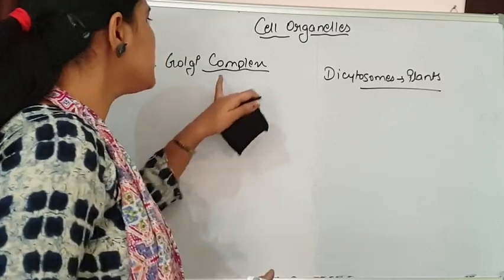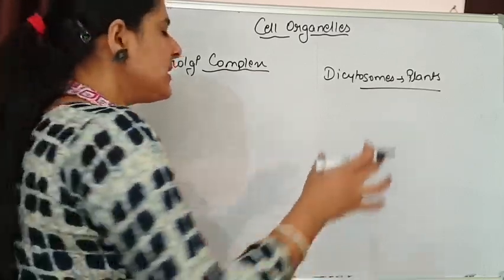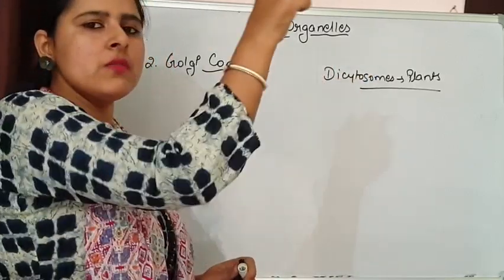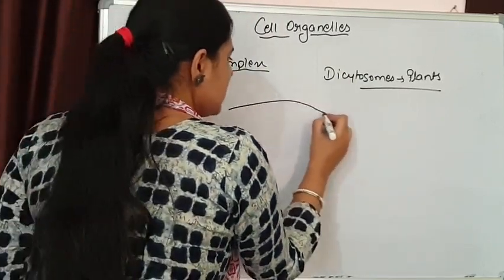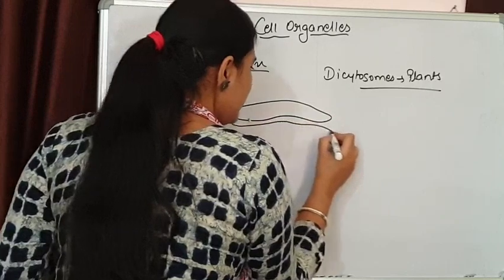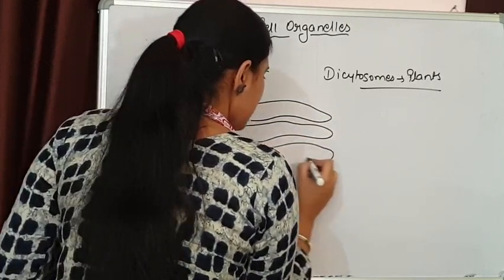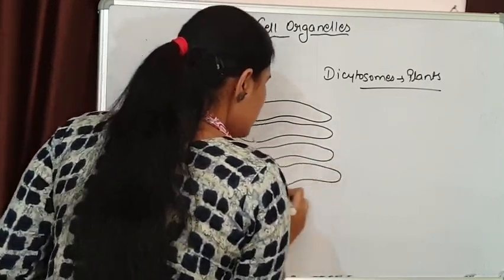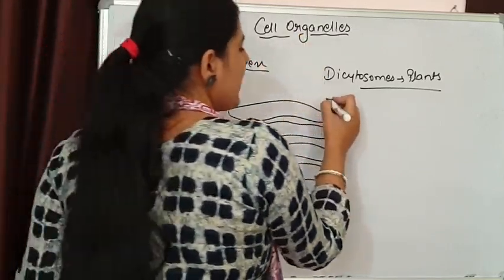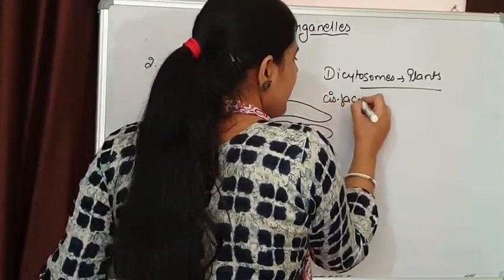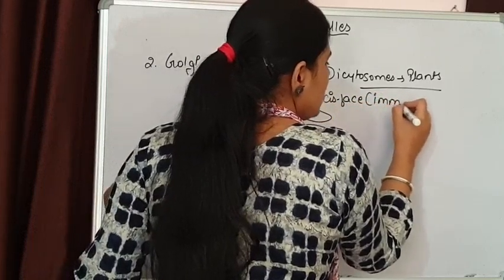Now what is this Golgi complex going to do? This Golgi complex is going to receive a vesicle that is coming from the endoplasmic reticulum. This is again made up of cisternae. Various cisternae are arranged. One side of the Golgi complex is known as the cis phase or immature phase.